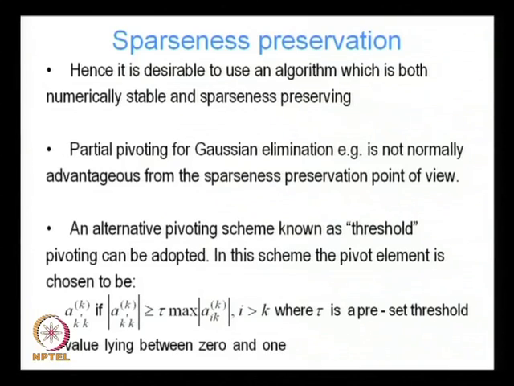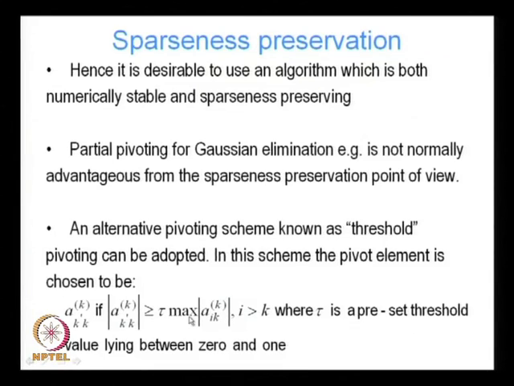So for full partial pivoting, we choose as the pivot the element in the kth column which has the largest absolute value.